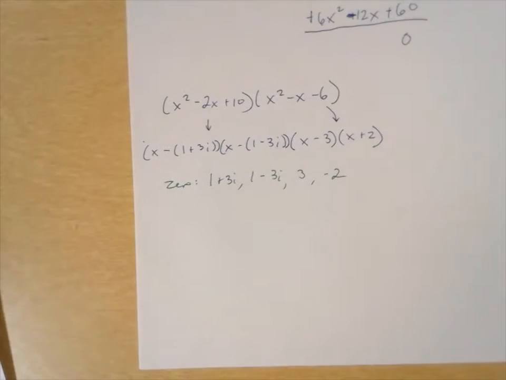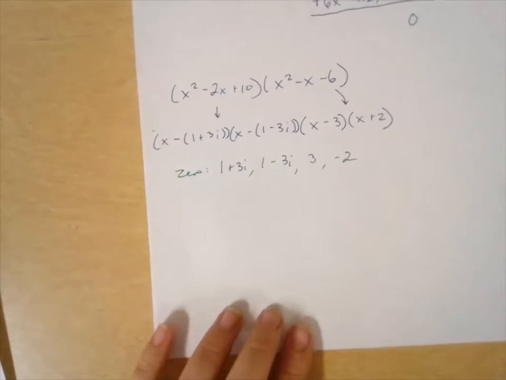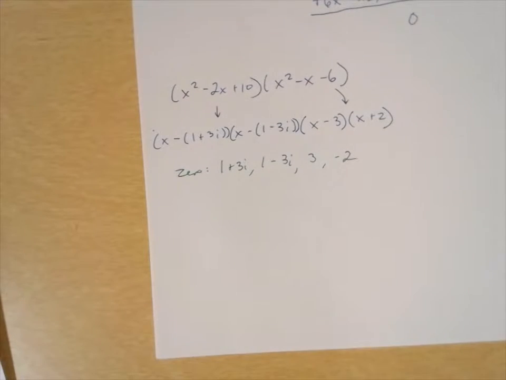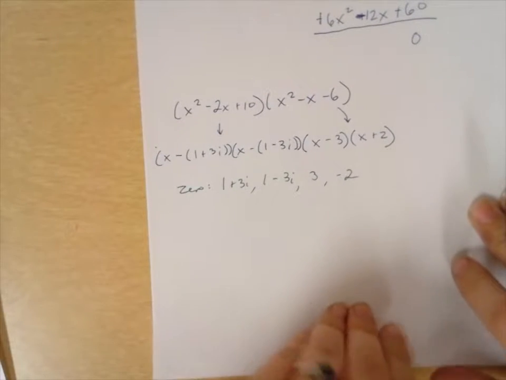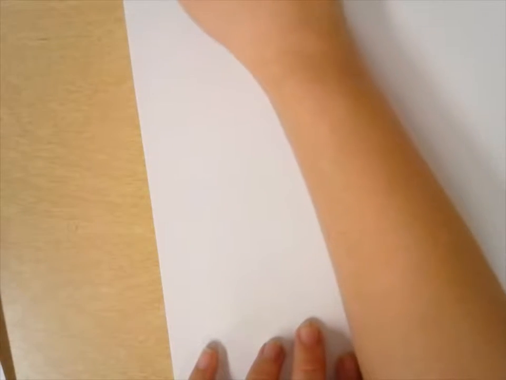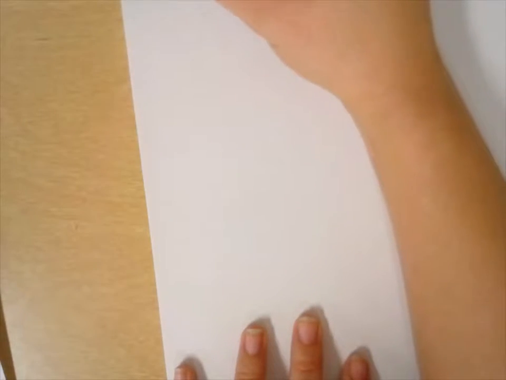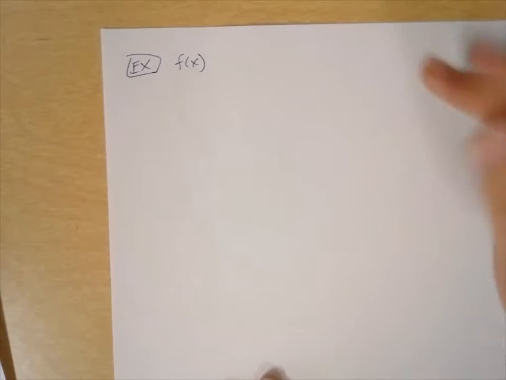Another way to find all of your zeros is to use the rational zero theorem. And we have already done this before, but we'll go over another example of doing that again. So, say for example, you're given the function, let's make sure you can see it, there we go.